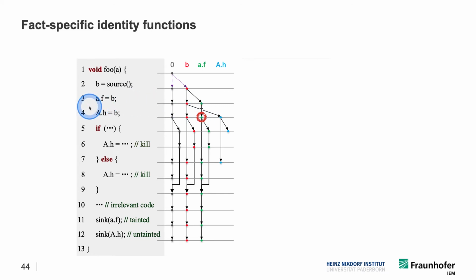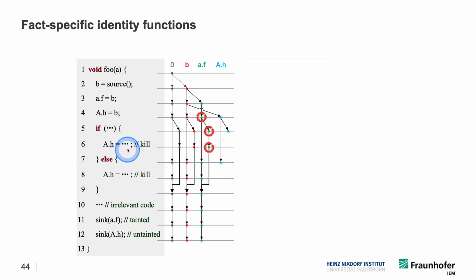It's not an identity function as a whole, because certainly that statement does have an effect, right? But it does not have an effect on that particular expression, on that access path. So for that fact, we have the identity function. And you can do the same here. Well, that's simply an expression being evaluated, so that is effect-free anyways.